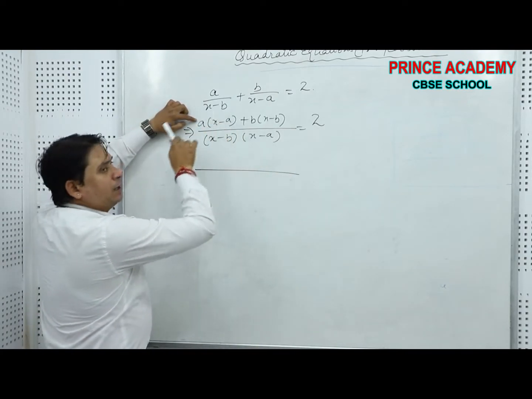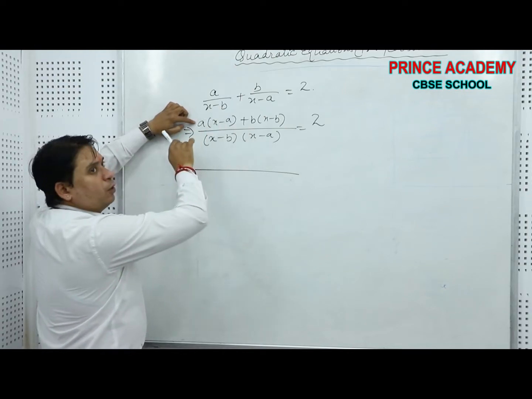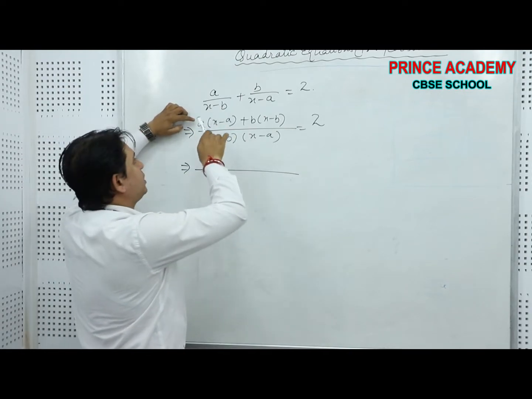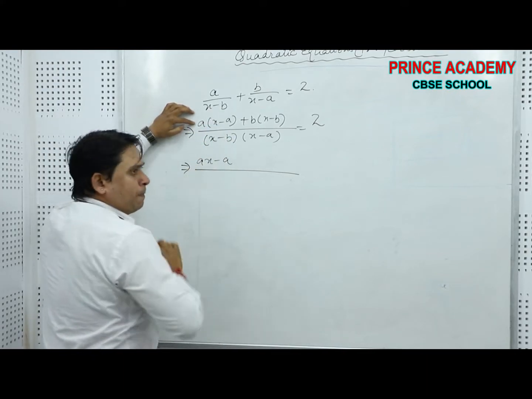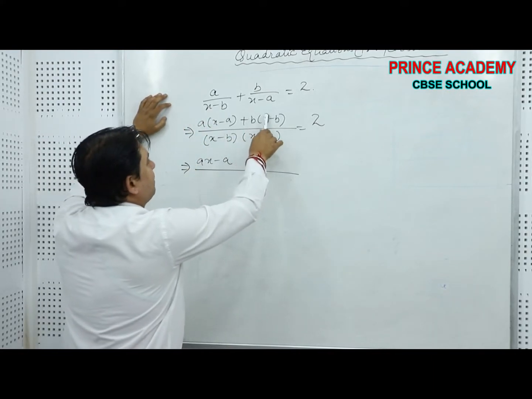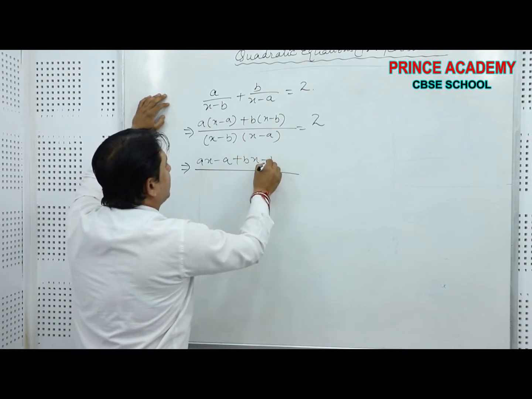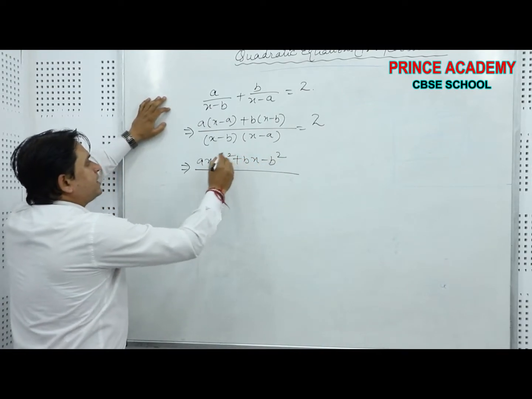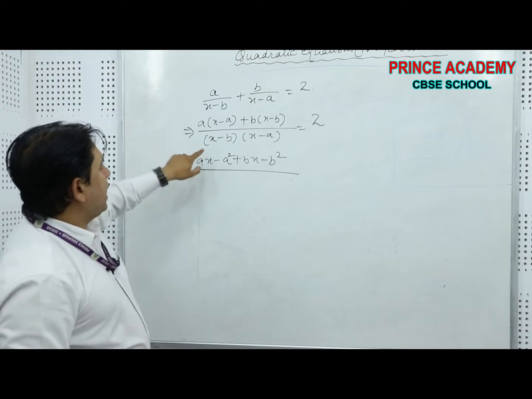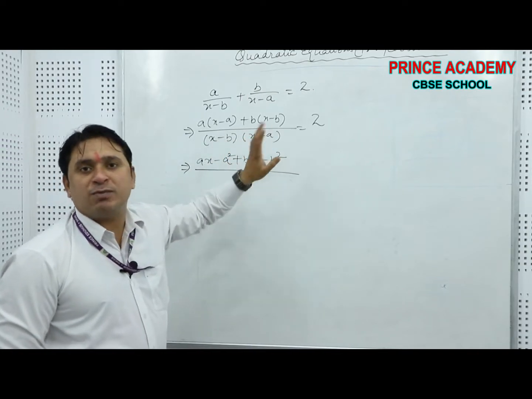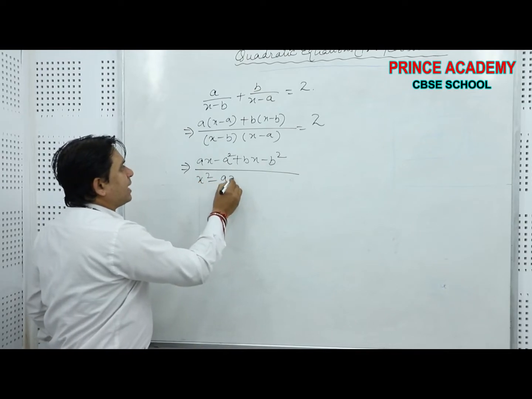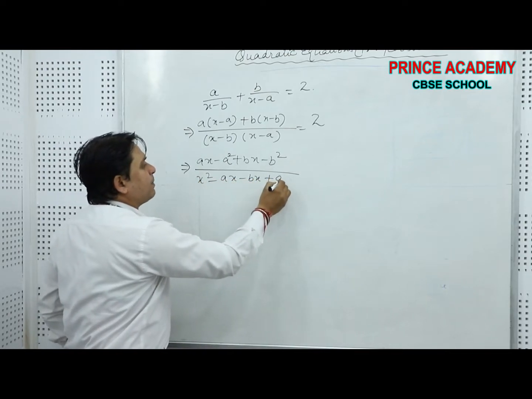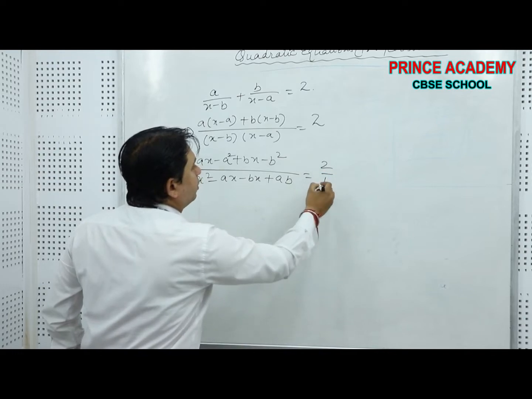Done. Now see what we will do here. Multiply a with the inside. This is the distributive law, the distribution property of multiplication. ax minus a square. Done. Now multiply b inside, bx minus b square. Now (x minus b) into (x minus a), x square minus ax minus bx plus ab, yes or no, is equal to 2.